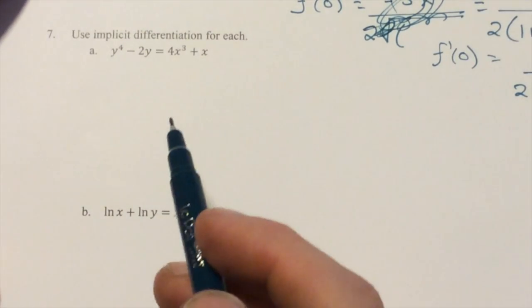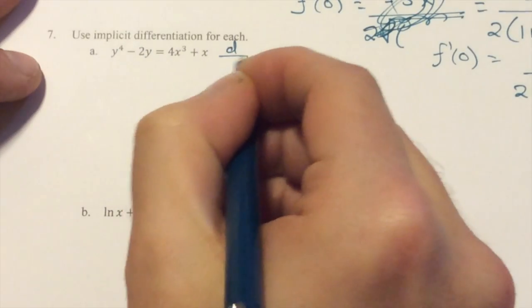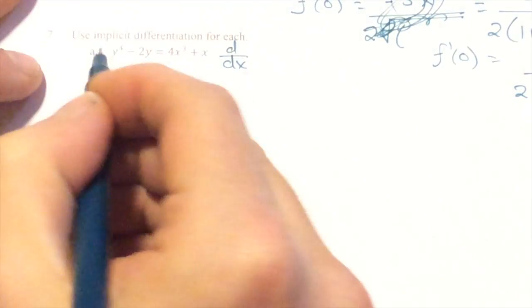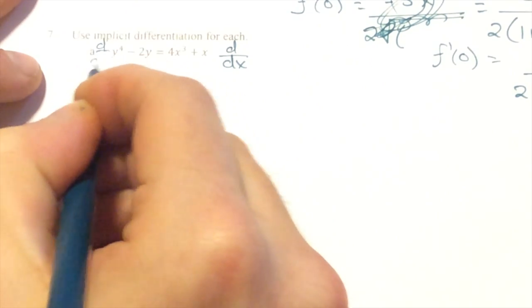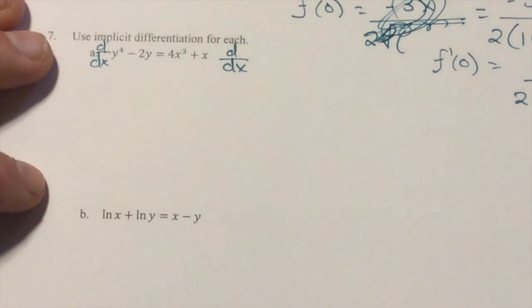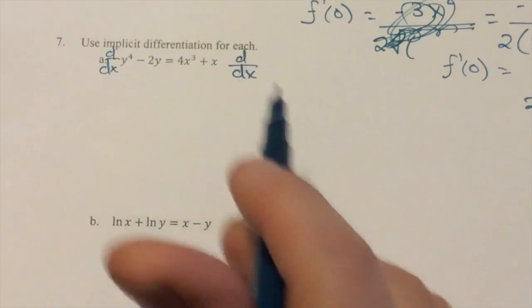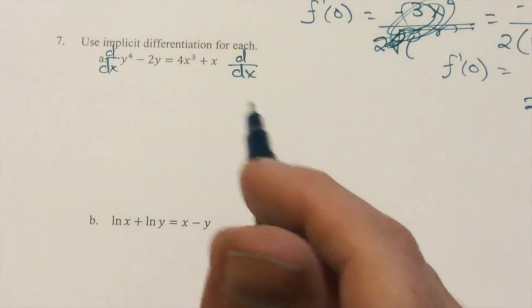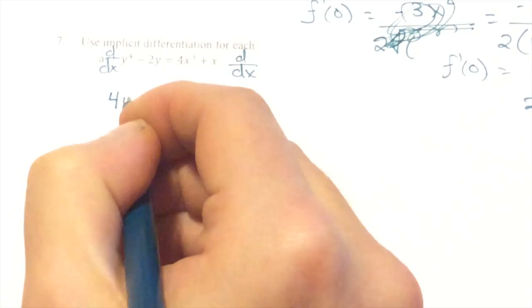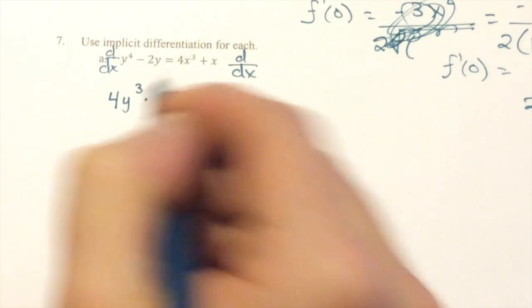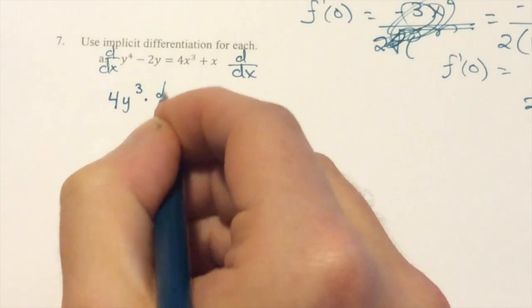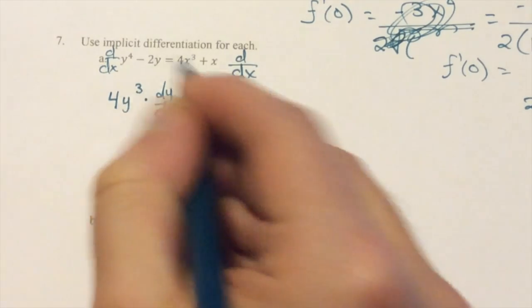When we're doing this it's just like a chain rule. So we want the derivative with respect to x for both sides, d dx. So I want to say, what's the derivative of this something? Well, it's 4y cubed times its derivative, dy dx.